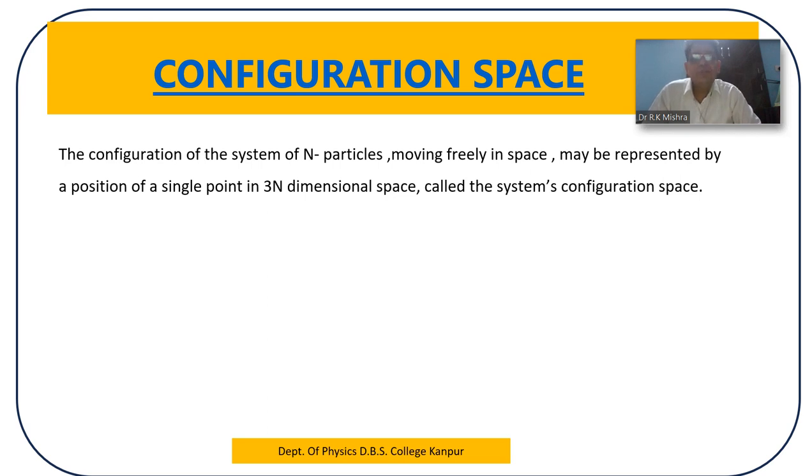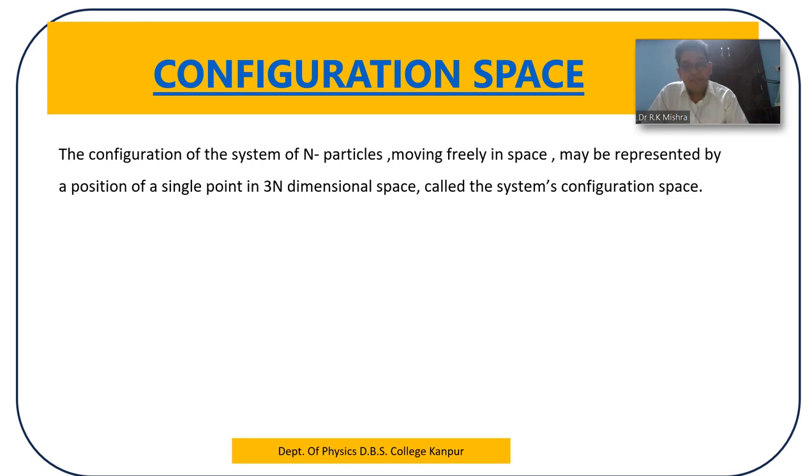Suppose our system has a large number of particles, so a large number of coordinates are required for their configuration. But if we assume such a system is like a single particle, then 3n-dimensional space is required for their configuration.